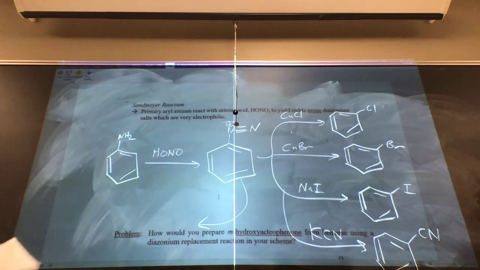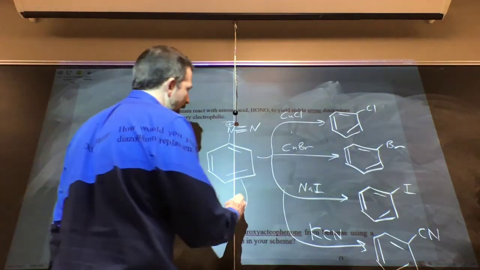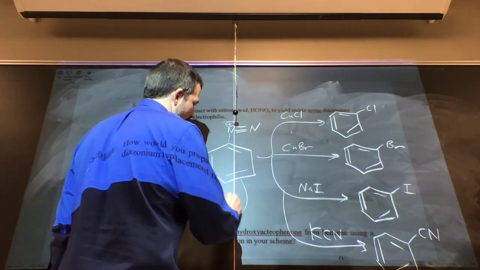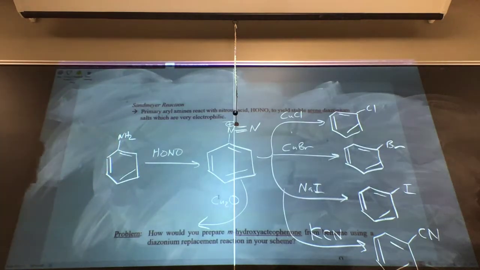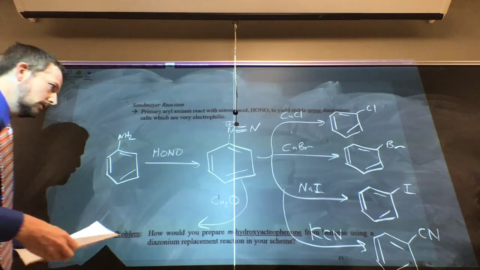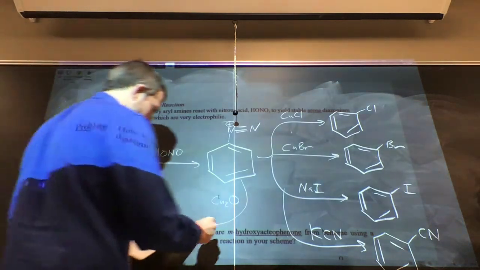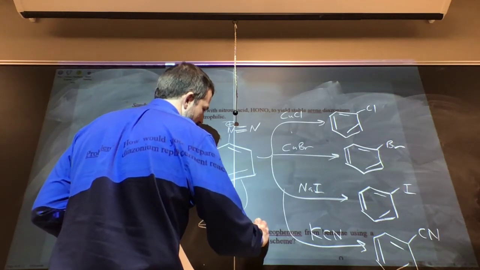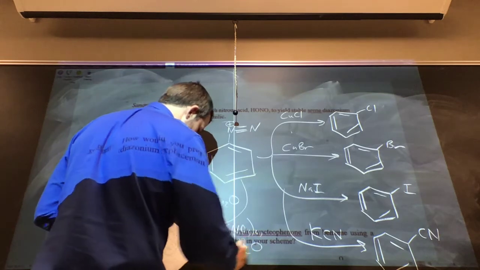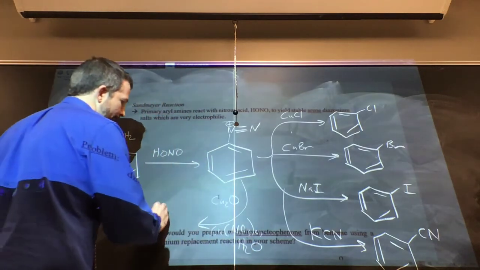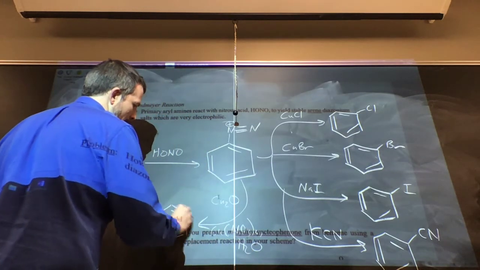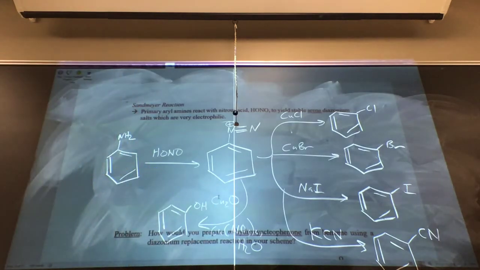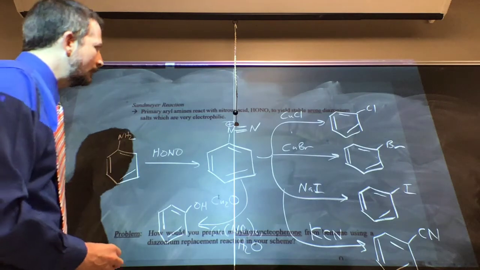You can replace it with an OH group. That's a little more complicated. Use a mixture of the copper 1 oxide, copper 1 nitrate, and water. So that's how you can make a phenol.